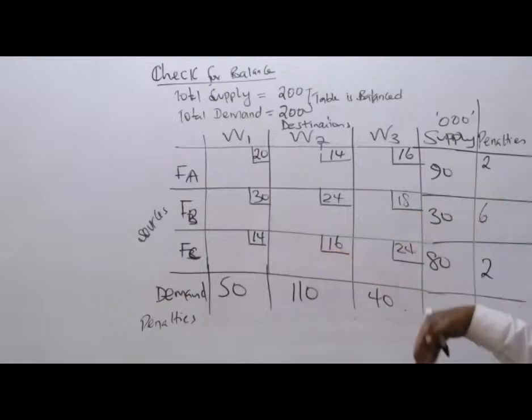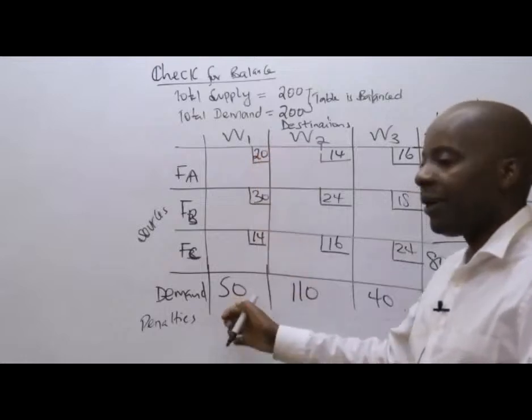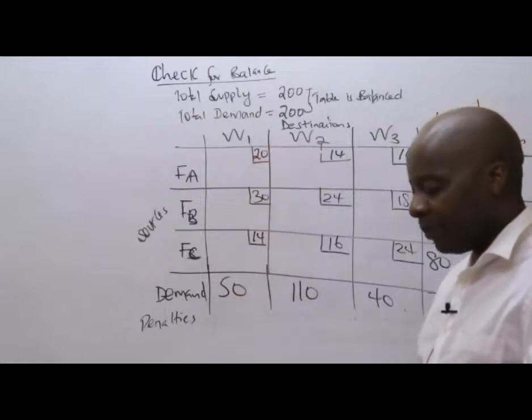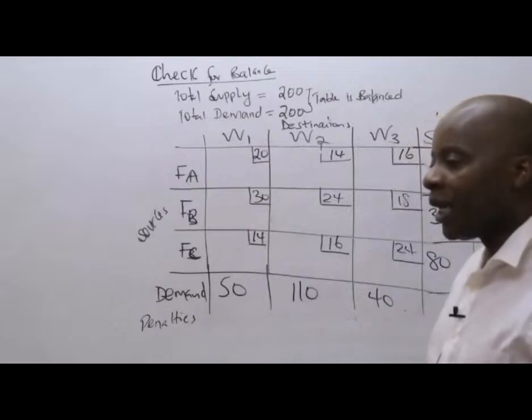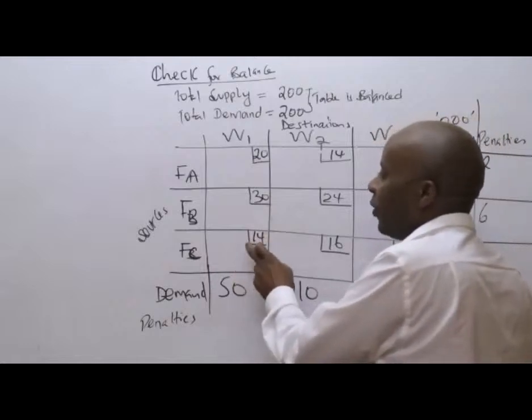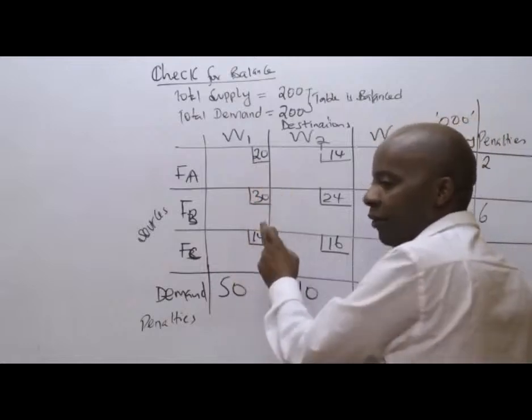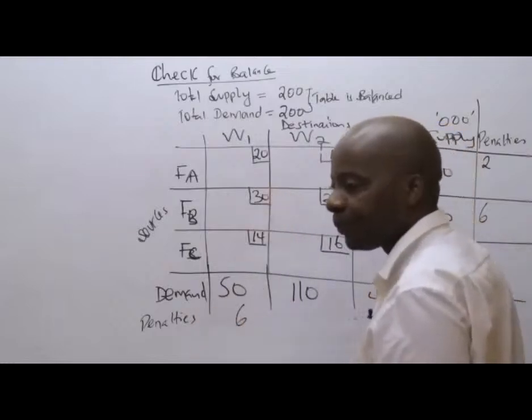Please go to the columns and do the same. Column 1, give me the penalty for column 1. For column 1, we have 14 vis-a-vis 20. Somebody tells me it is 6.